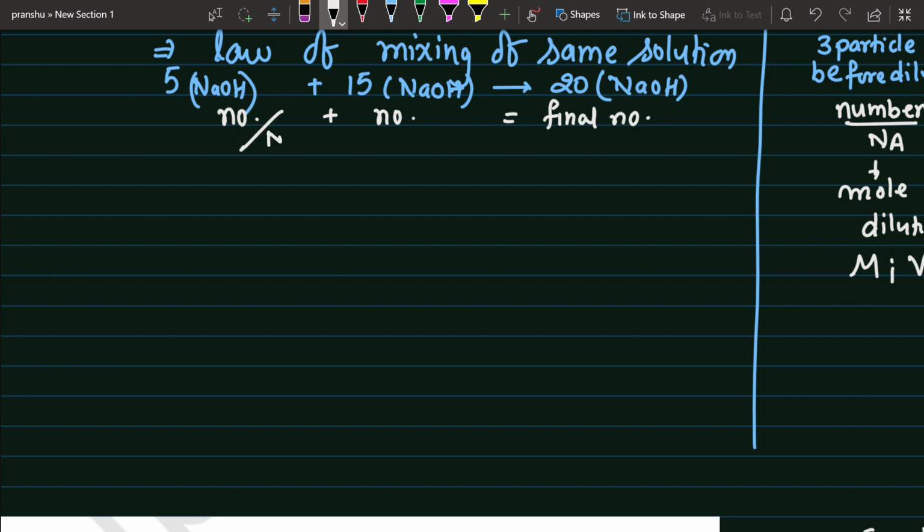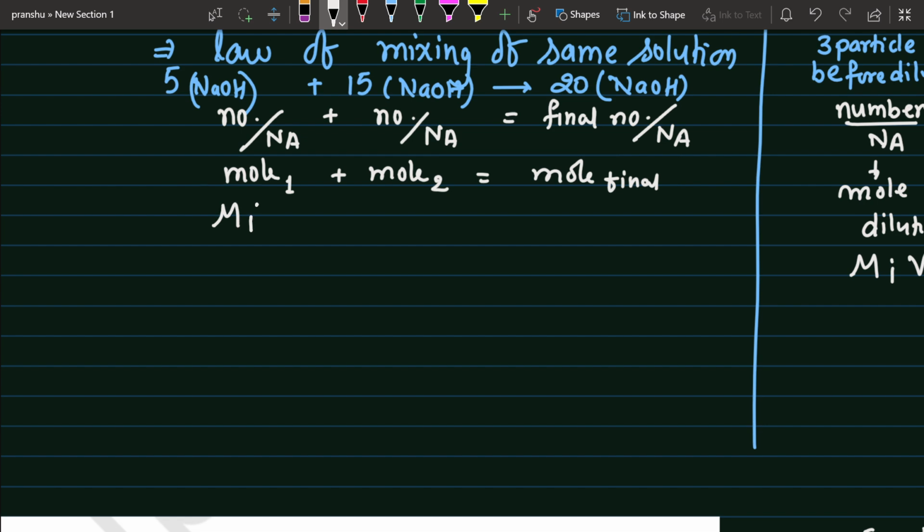Number divided by Avogadro number is called mole. So mole of first condition plus mole of second condition is equal to mole of final condition.